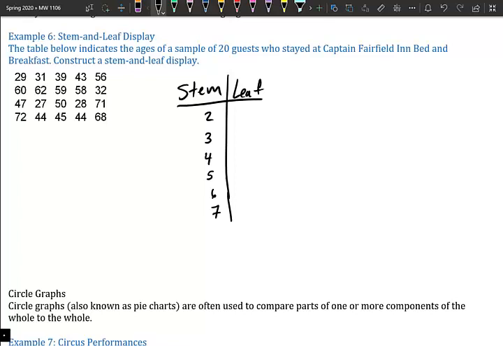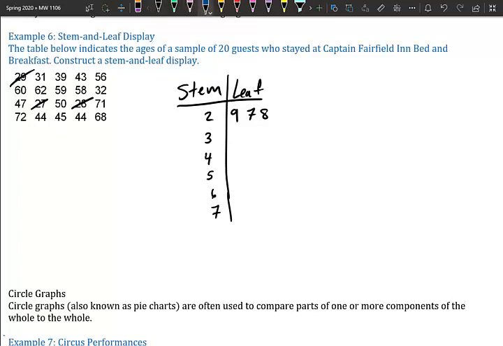Now, everything with the 2, we're going to write the second digit of that. So see how we have 29, so 29. Then we have 27, so 2, 7, 27. And then we have 28, so 2, 8, 28.